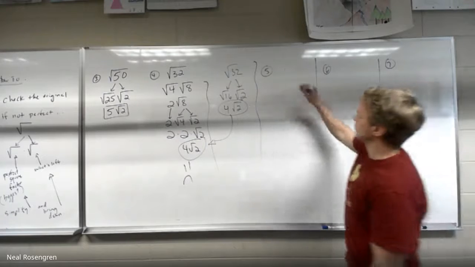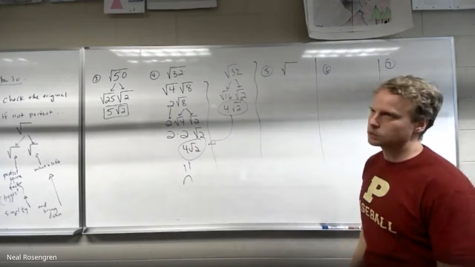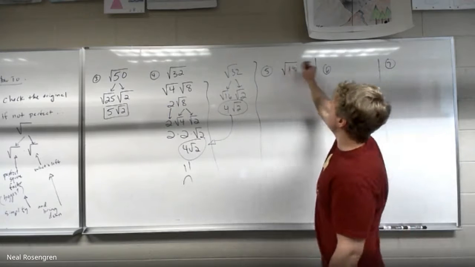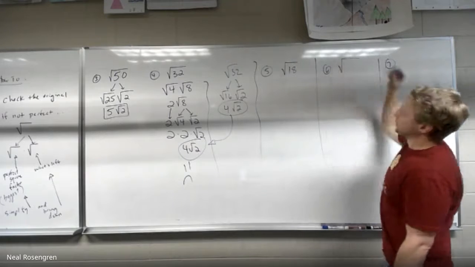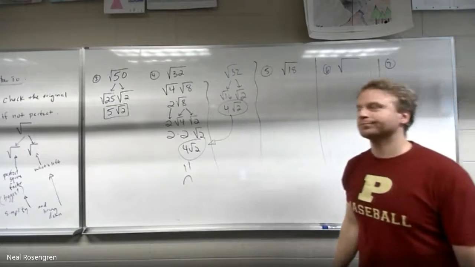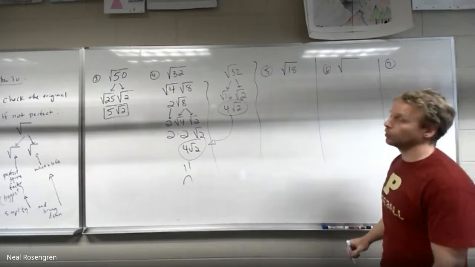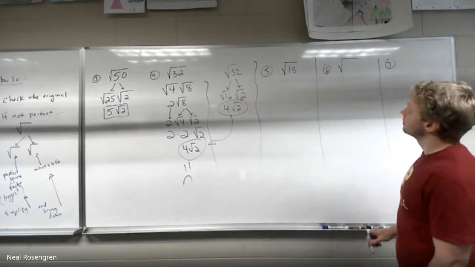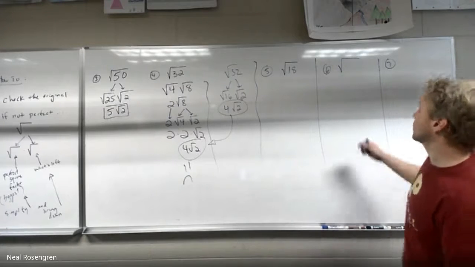All right, cool. So let's go, I'm trying to pick some nice ones. Let's go square root of 18. Oh, love that. Square root of 18. Square root of, let's say 40.